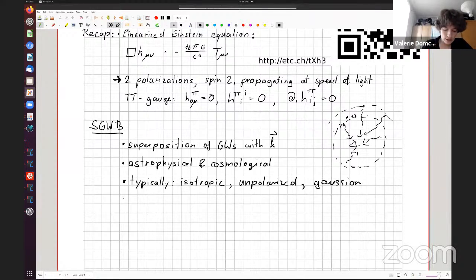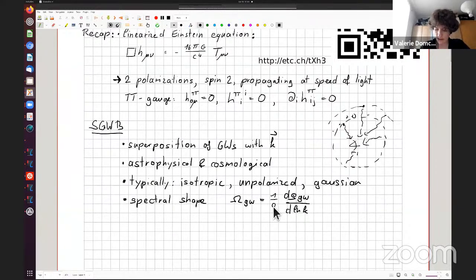And so what we're then actually hoping to measure is the amplitude of this background and its spectral shape. And the spectral shape we parameterize with this capital Omega, which is the derivative of the total energy of the gravitational waves per logarithmic frequency interval, normalized to the critical energy density.